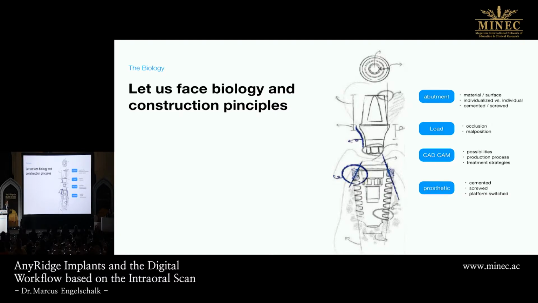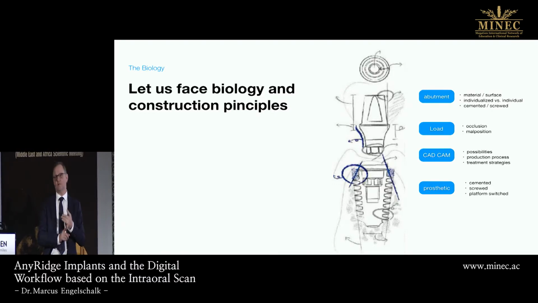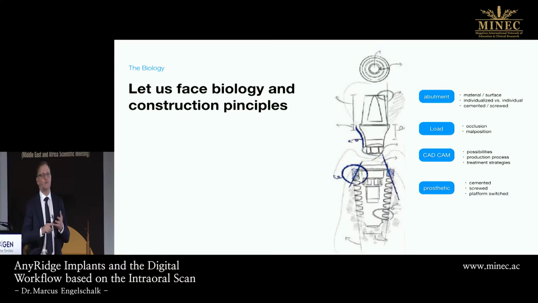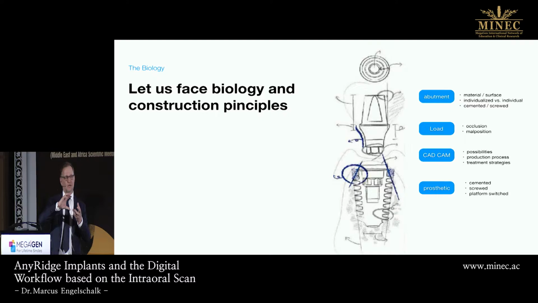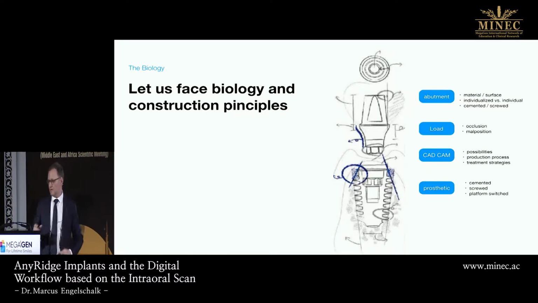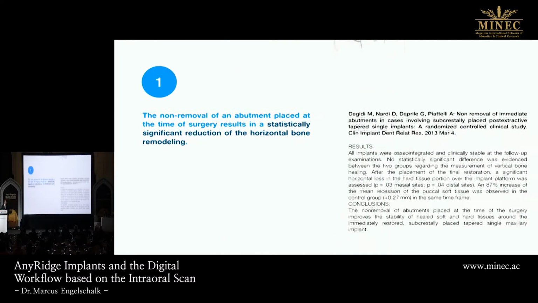We don't have to forget this. And the material of the abutments. Do we want to have something fully milled out of zirconia, fully milled out of titanium? Do we want to do something like a combination of titanium and zirconia? It's very important to have a look at it.